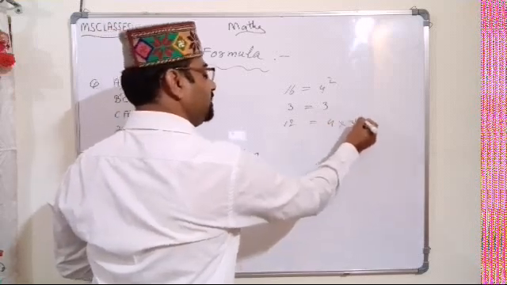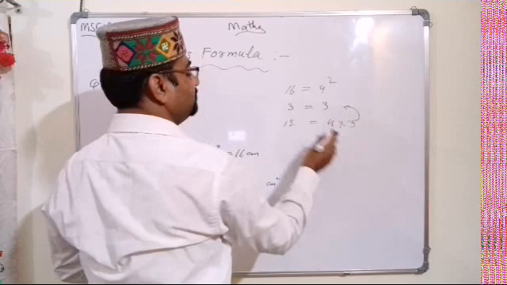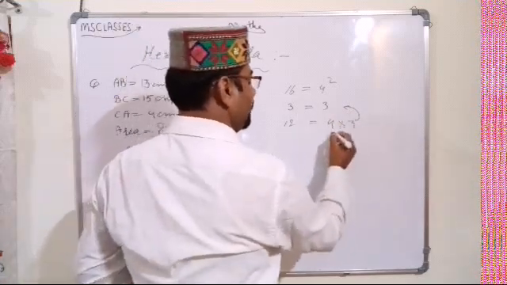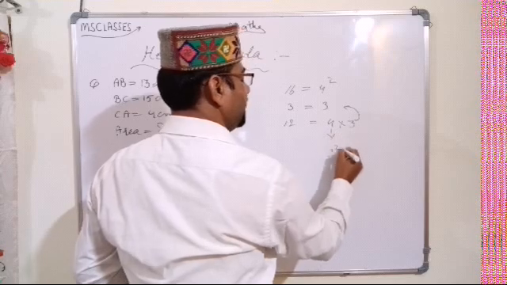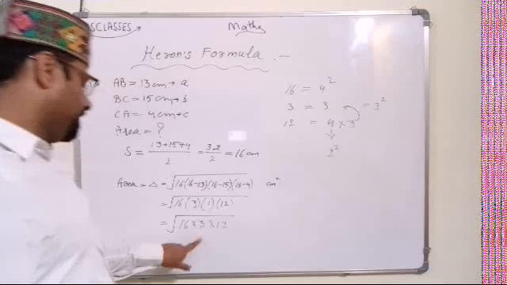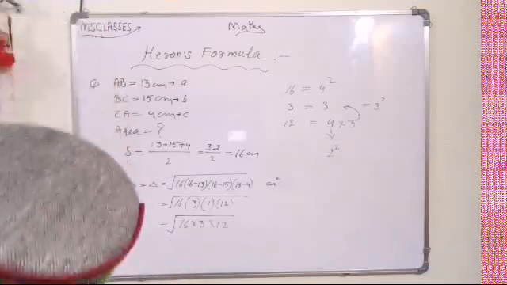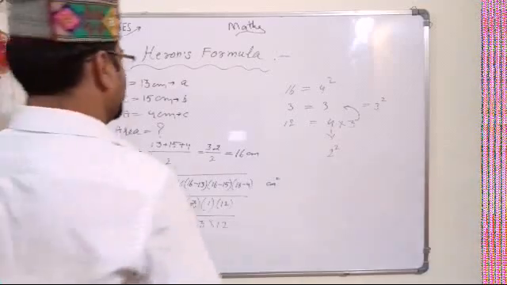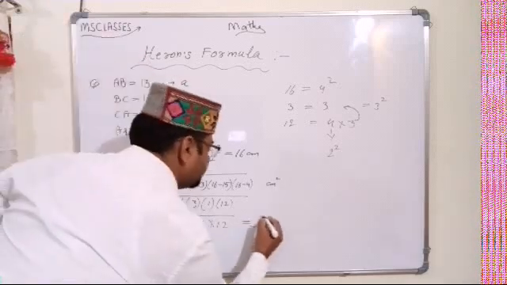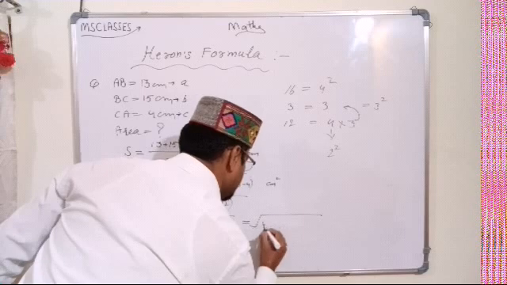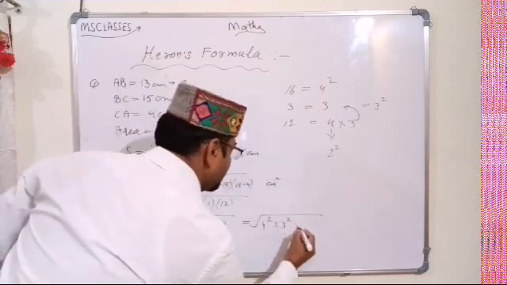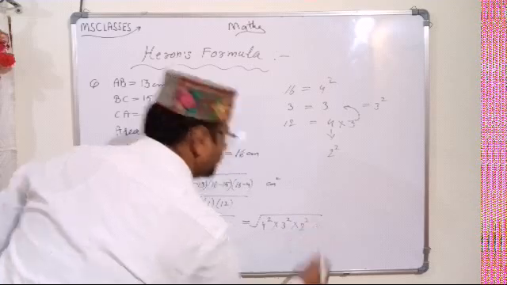When we take this 3 with this one, and this 4 is written in the form of 2 square, and 3 into 3 is 3 square. Okay, so this number will be written in the form of 4 square into 3 square into 2 square.